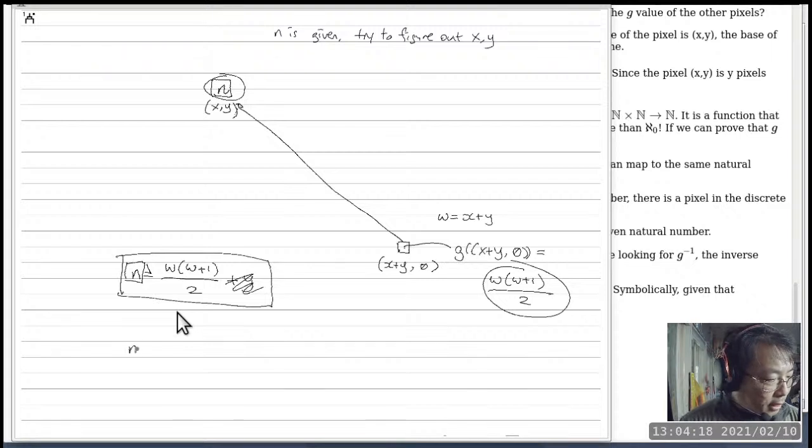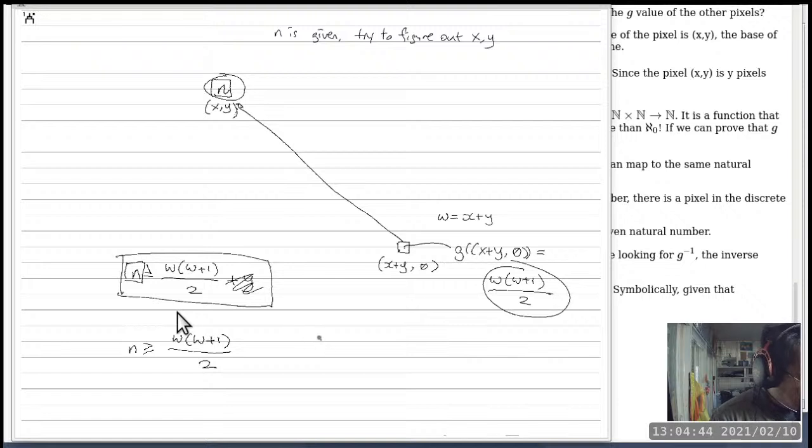So now we have n being greater than or equal to w times w plus 1, the whole thing divided by 2. Man, it is now worse. Before we had the equality, which means when we solve it, we actually solve it, right? Now it is an inequality, which means how do we solve an inequality? Well, let's work this out a little bit.